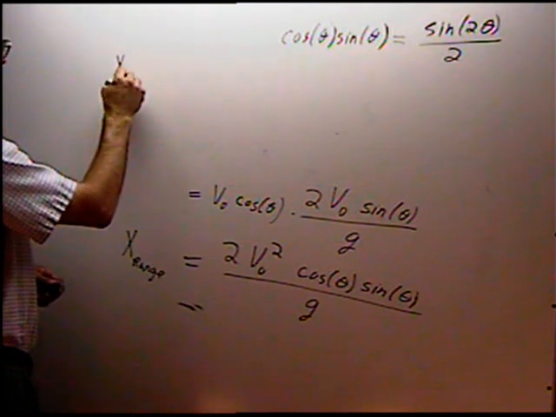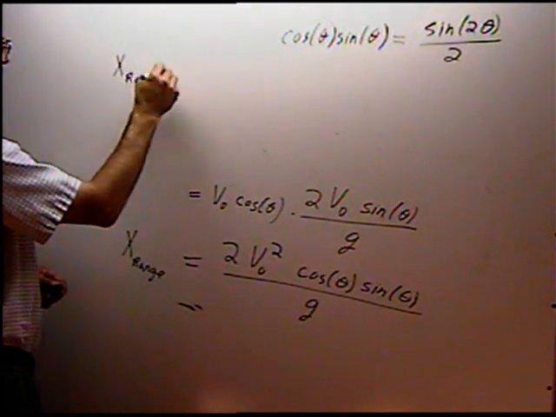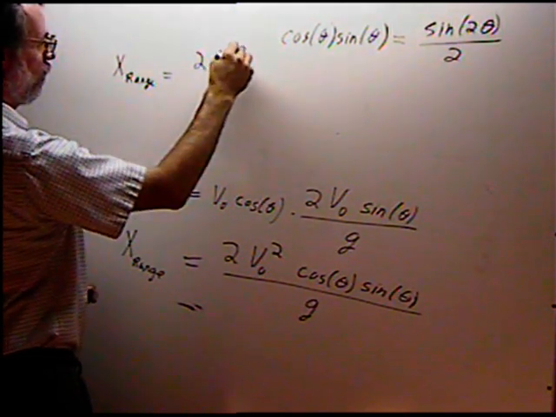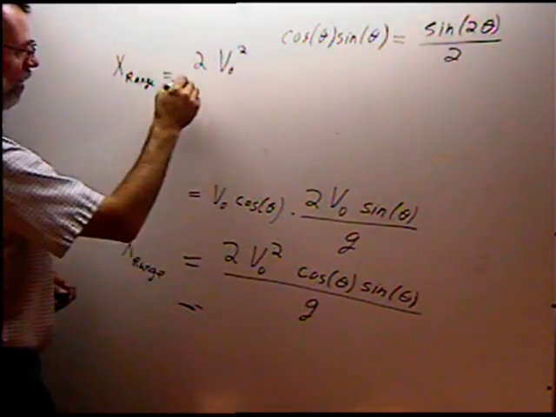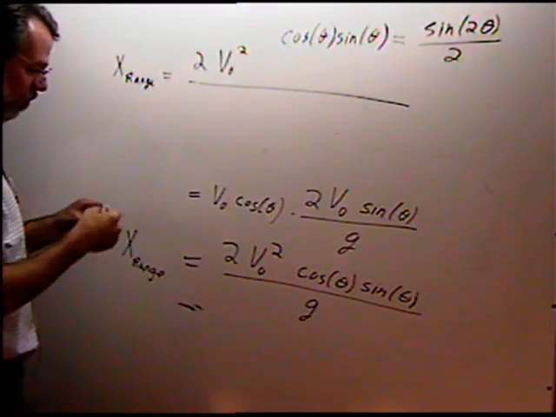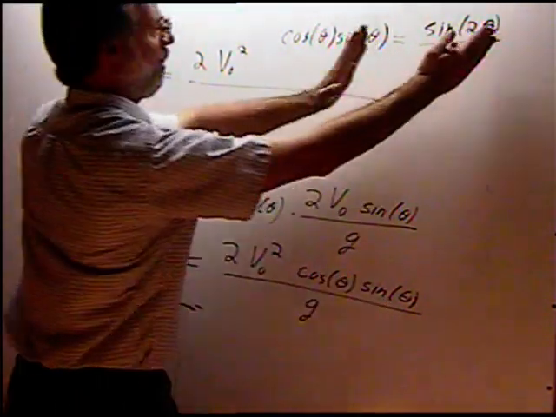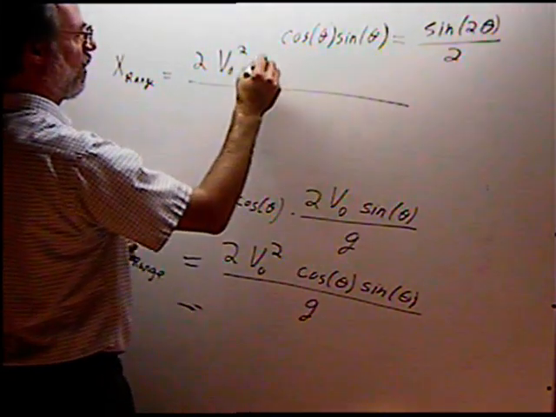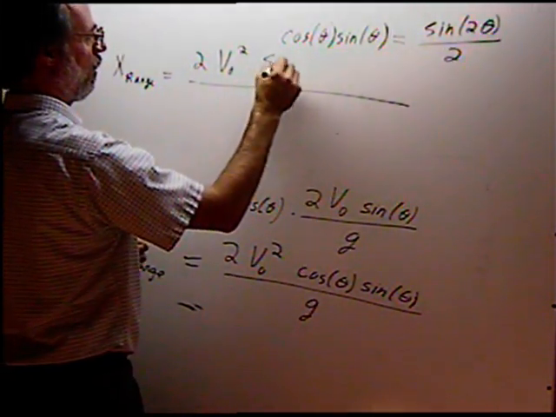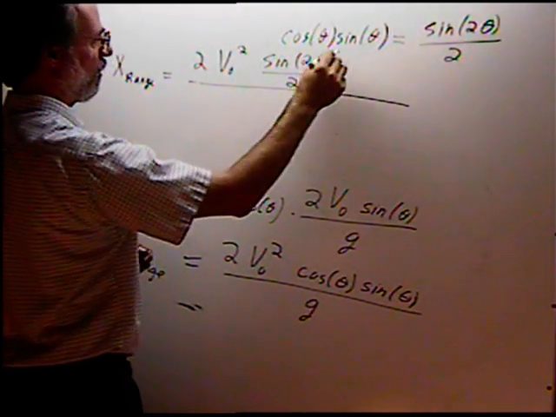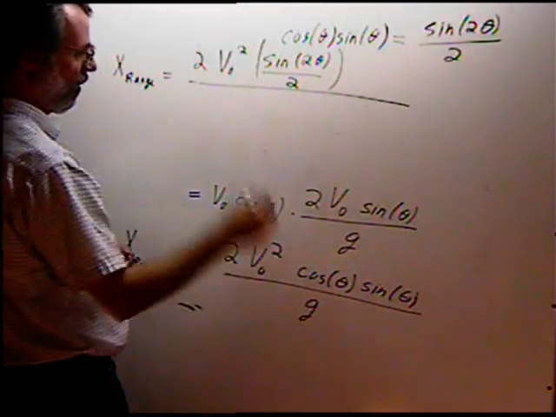The x range is equal to 2 V0 squared, and in place of cosine and sine, I'm going to put sine of 2 theta, all divided by 2. I'm just going to simply write it like that, all divided by g.